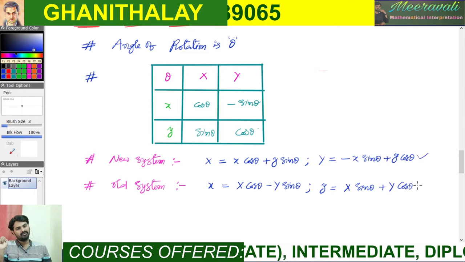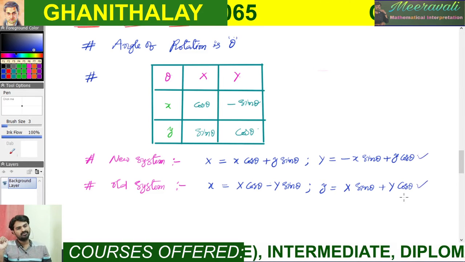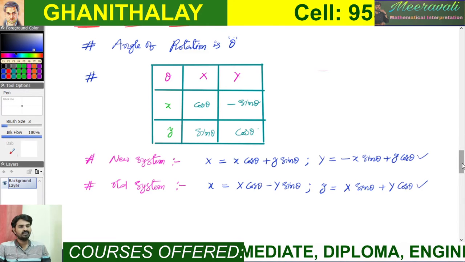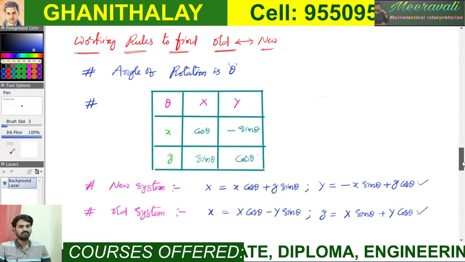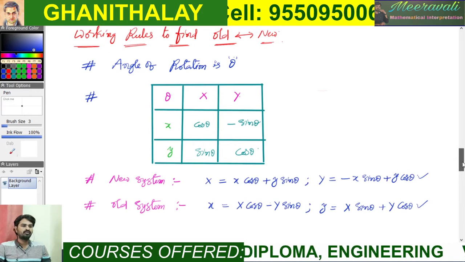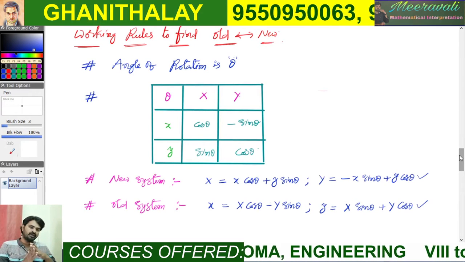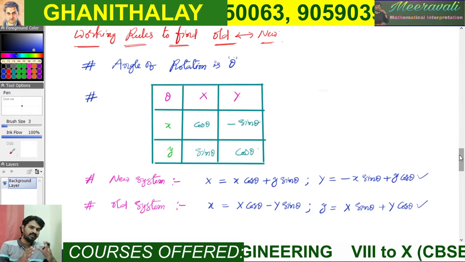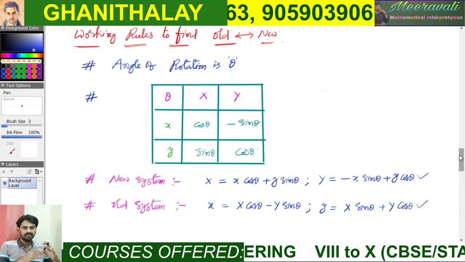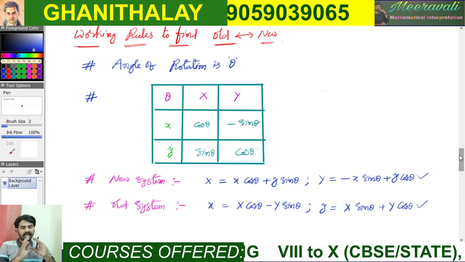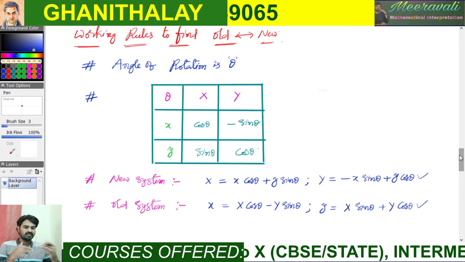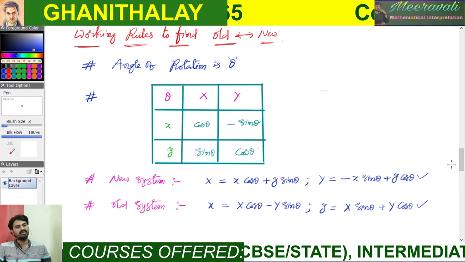To find the old system point, these two formulas you can use. In the translation of axis, the shifted origin is taken as h comma k. In the rotation of axis, the angle of rotation is taken as theta. In the same process, the formulas have changed.